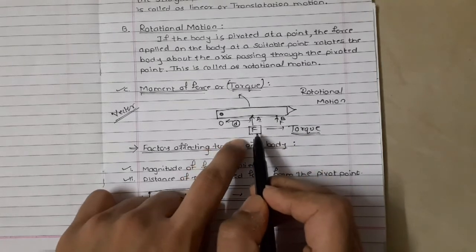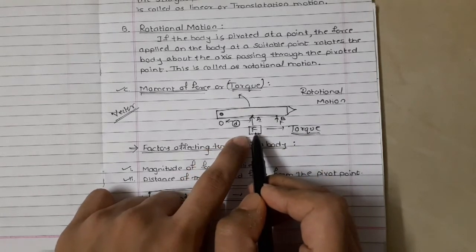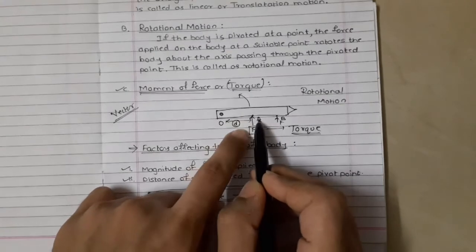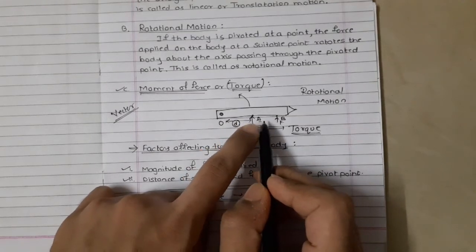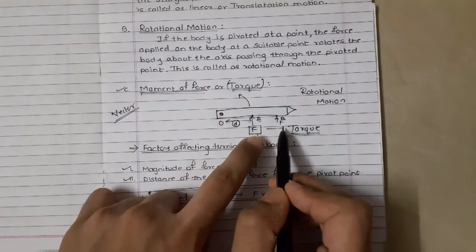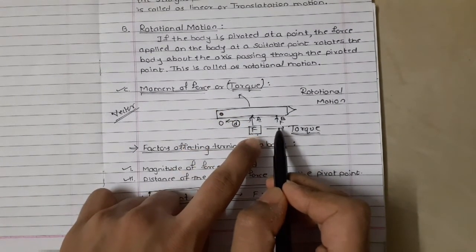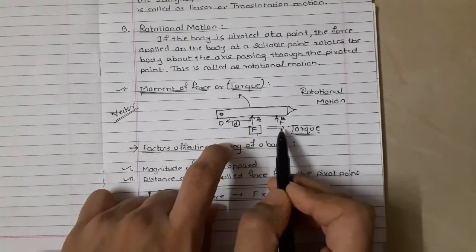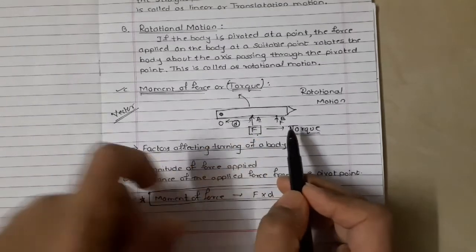That means, what happens if we apply x newton of force at point A, how easily the body rotates, and what if we apply x newton of force at point B, and let's see how the body rotates.